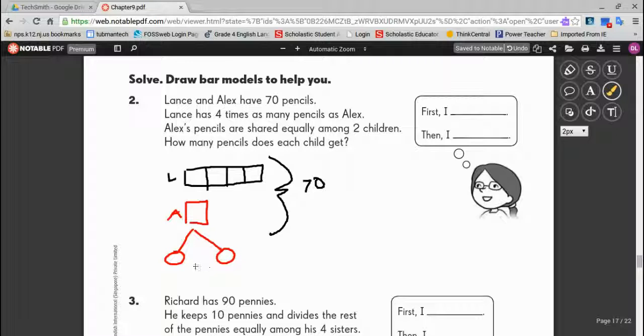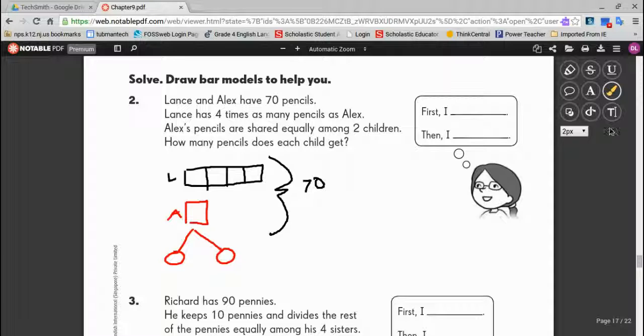Well, in order for me to figure out how many each child gets, I need to first figure out how much Alex has. And in order for me to figure out how much Alex has, I need to figure out what that relationship between Lance and Alex is. So again, Lance has 4 times as many pencils as Alex, and right here I can see I have 1, 2, 3, 4 boxes, and then I have one more box, 5 boxes, and together those 5 boxes are going to be equal to my 70 pencils.